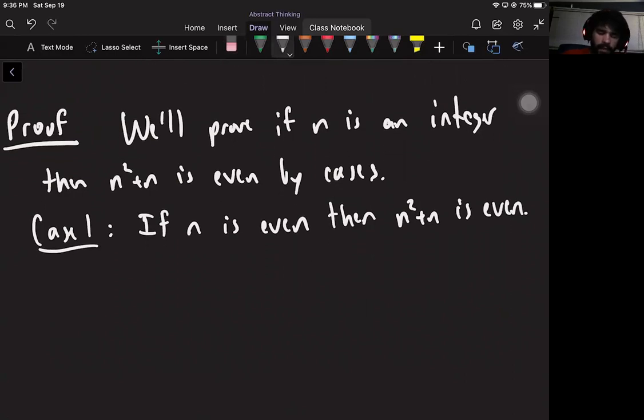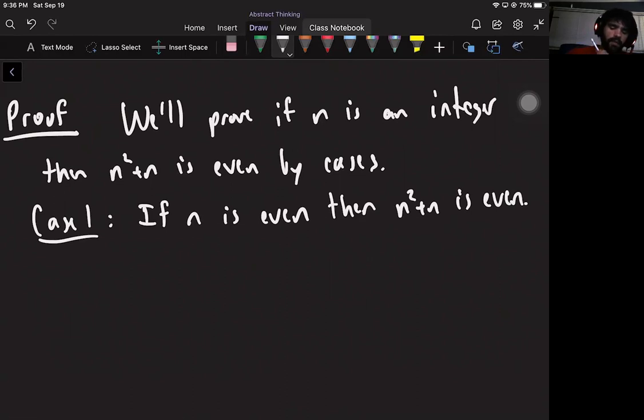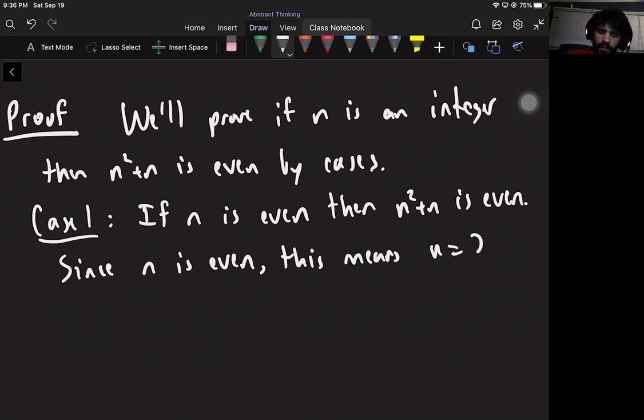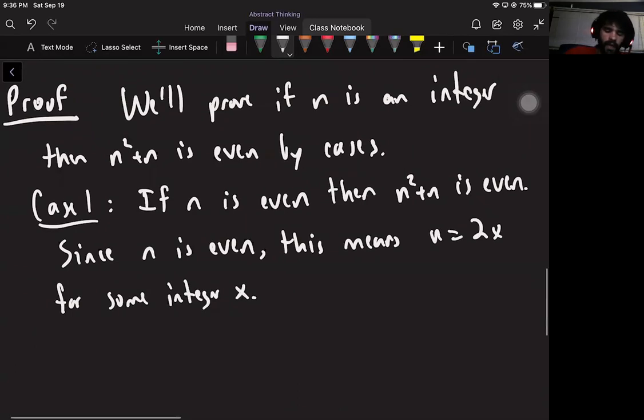So how do I prove a statement like this? Well, I know n is even. That means I just say exactly what that means. This means that n equals 2 times a number, for some integer x. Okay, so now this is the whole point.